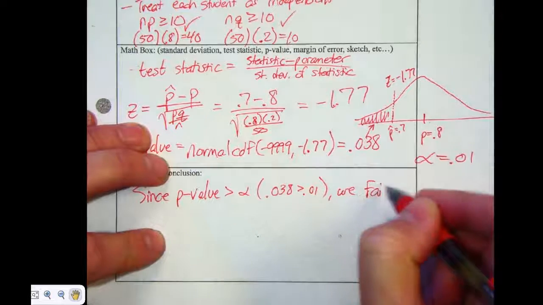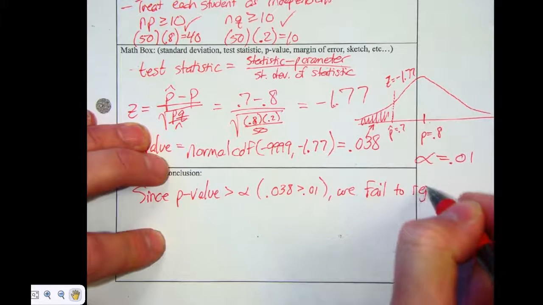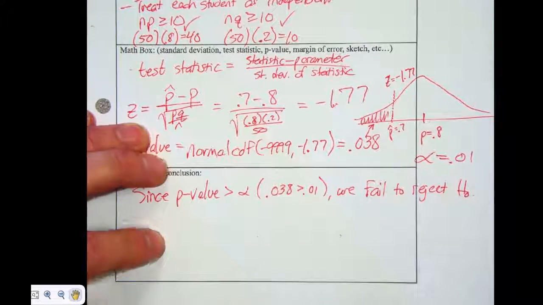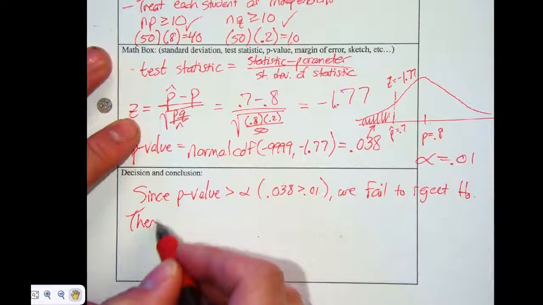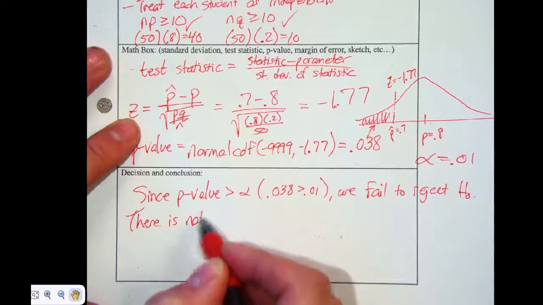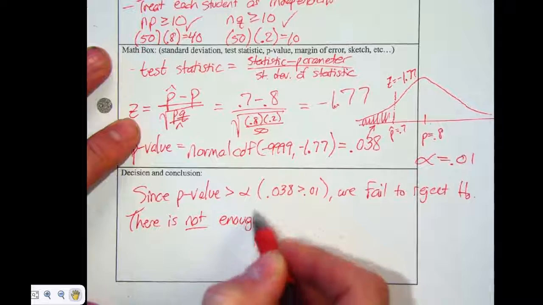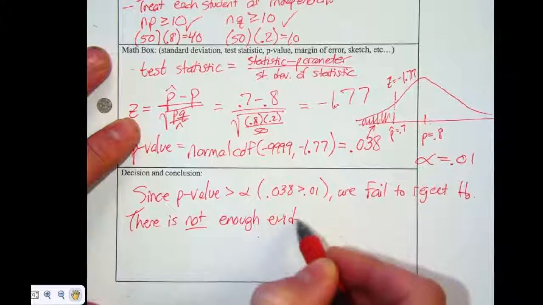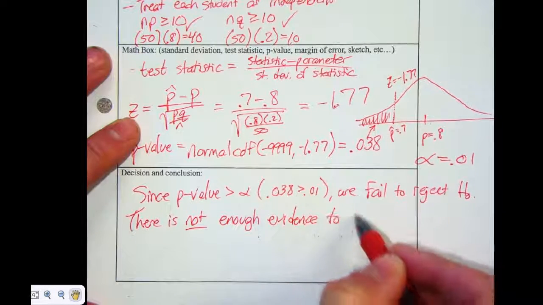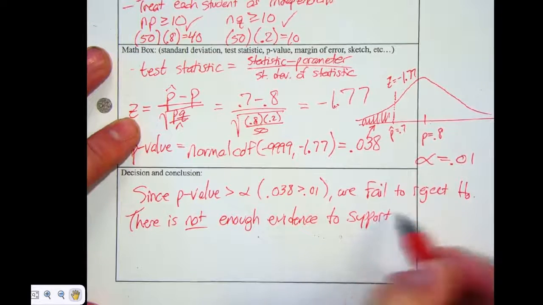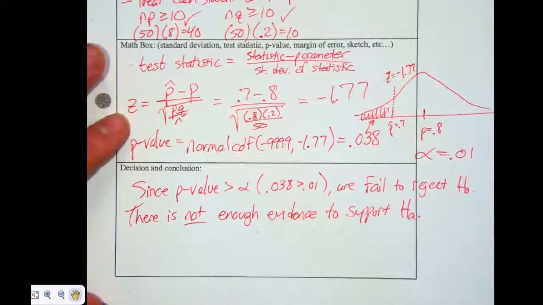Fail to reject H naught. There is not enough evidence to support HA. So you didn't convince me that HA was the better option.